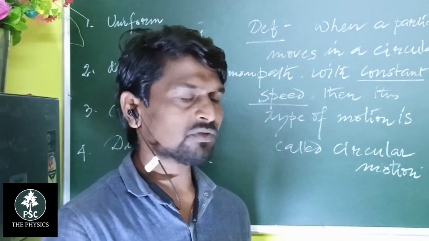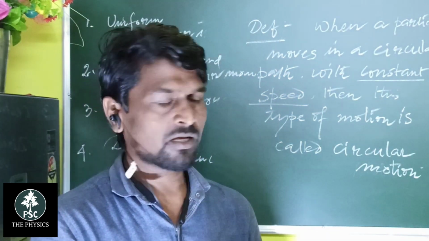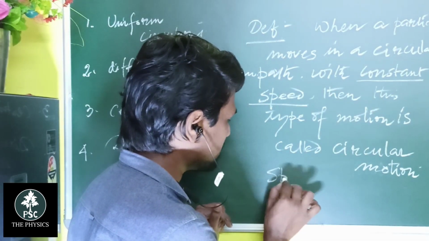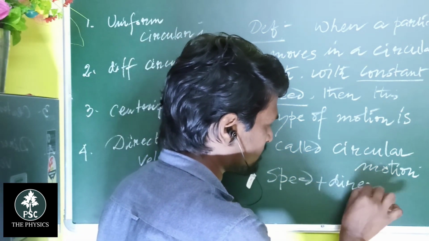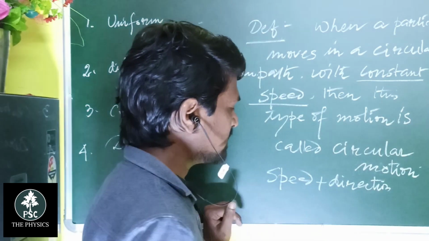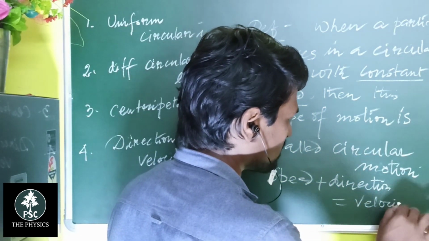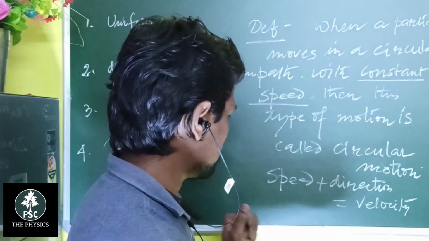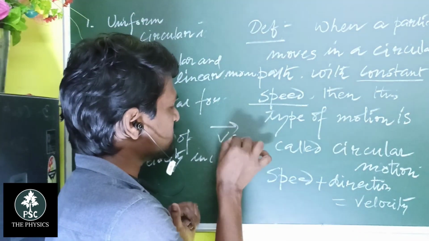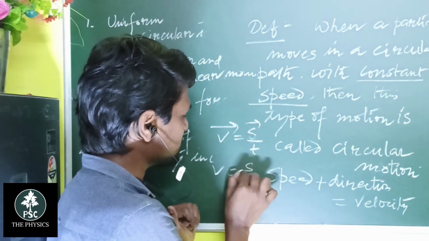First of all, students, you have to know what speed is and what velocity is. Speed plus direction is equal to velocity, meaning the rate of change of displacement. So we can write v vector equals s vector by t, or v equals s by t.